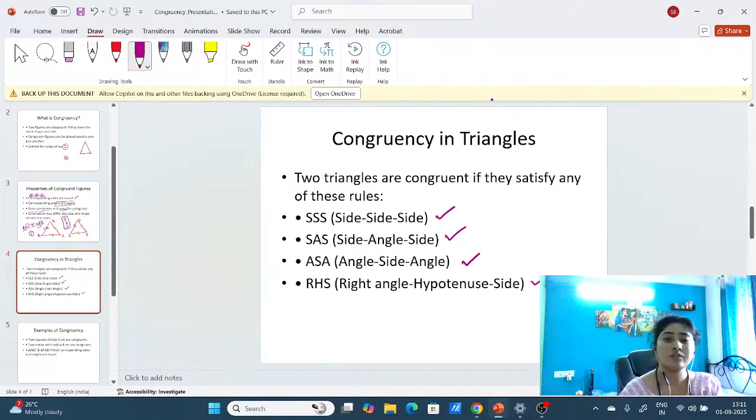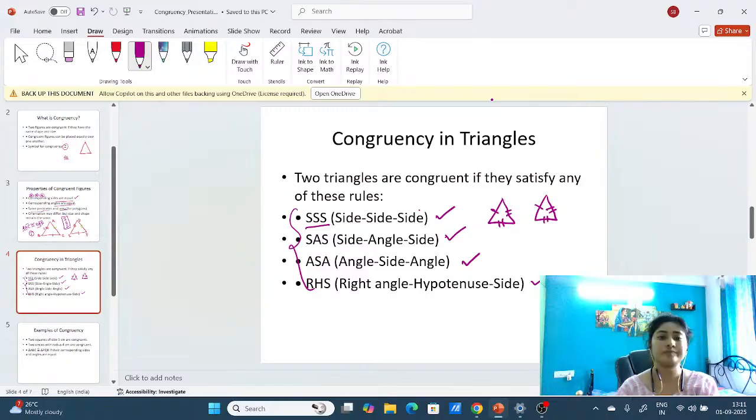So we have four ways to check congruency of triangles. The first one is called side, or SSS. If the corresponding sides of two triangles are equal, then they are called congruent triangles.